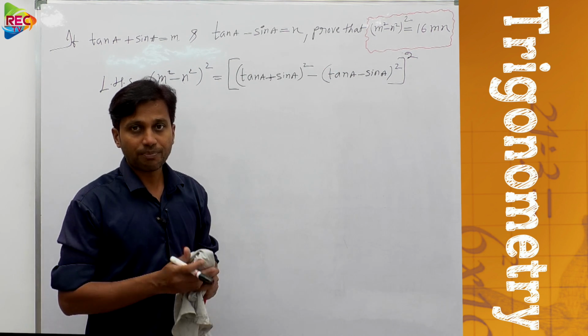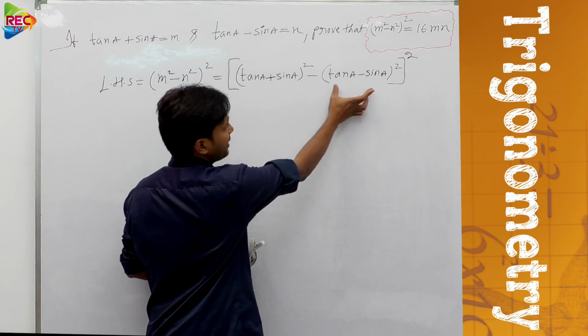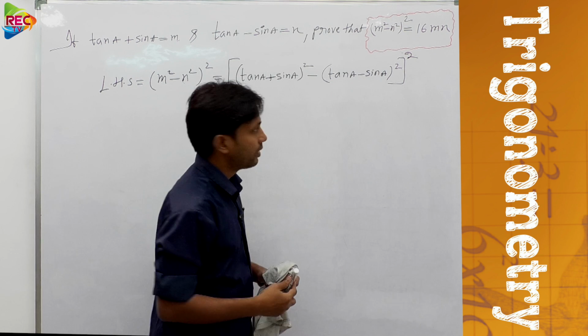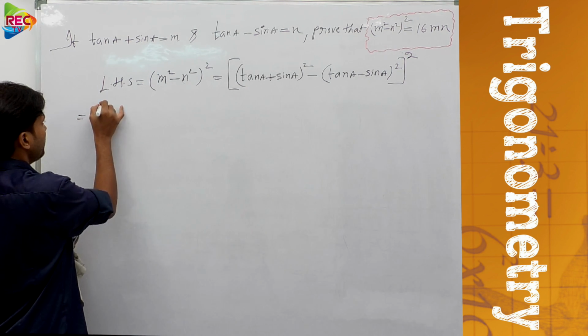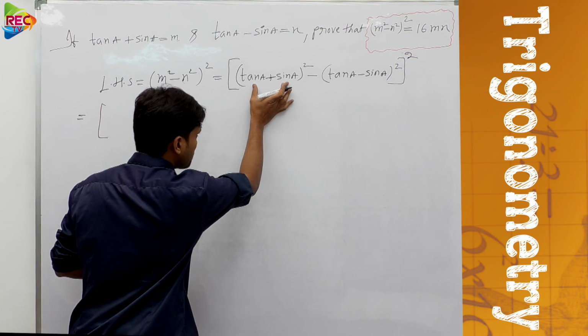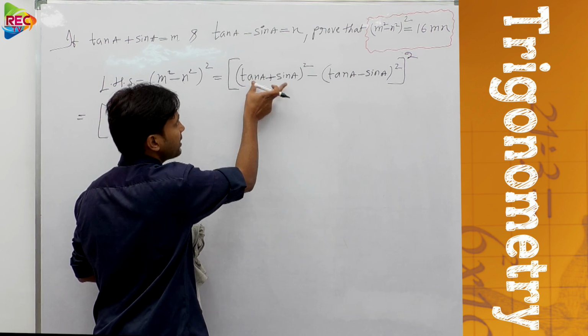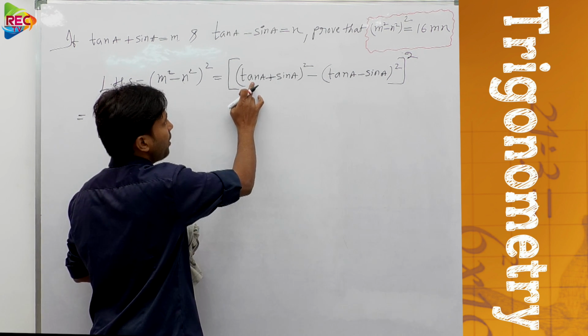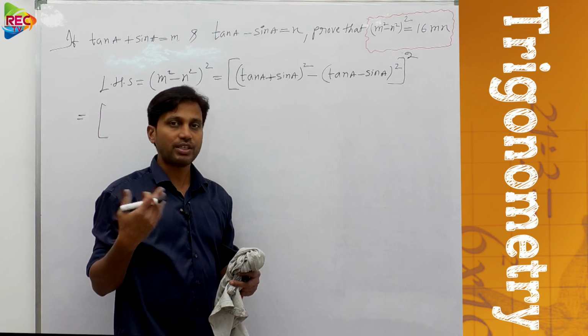If you want to simplify further, you need to solve each and every small bracket, this and this individually. Just solve them. See this here. First solve this bracket. If you want to solve this bracket, you need to identify in which form this is. So this is in the form of (a plus b) whole square. What is the expansion of (a plus b) whole square?